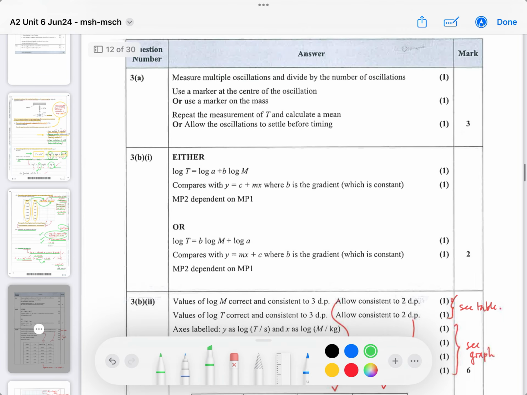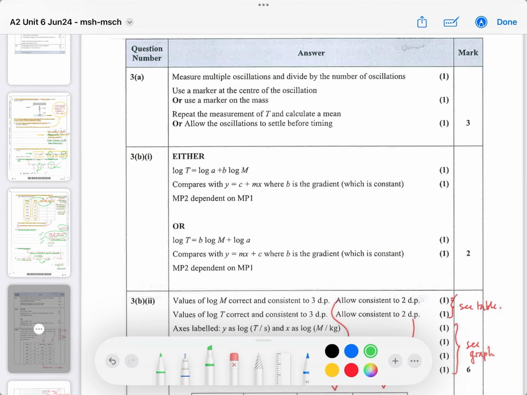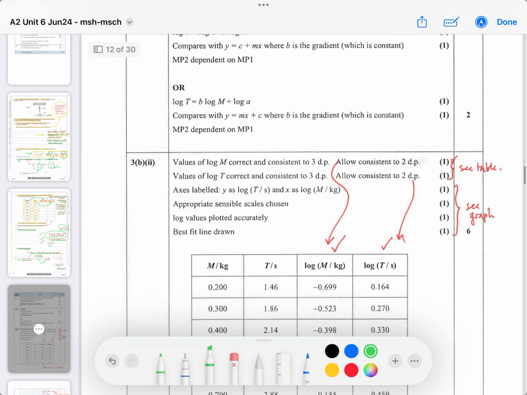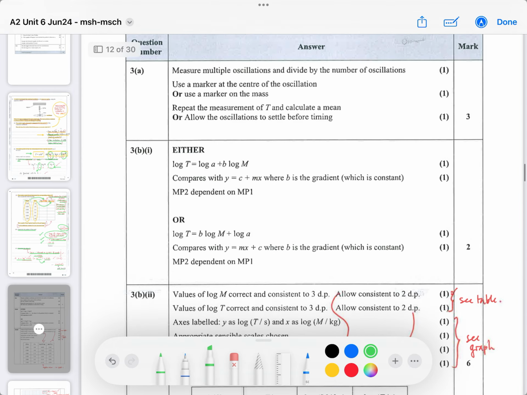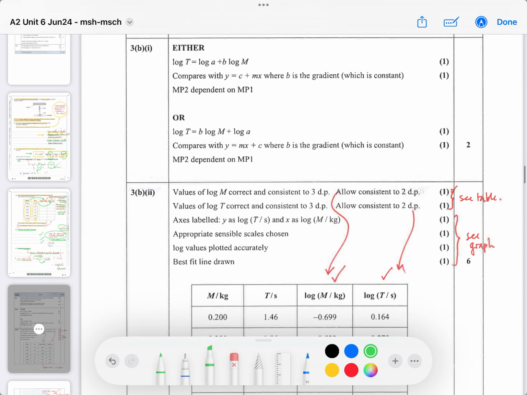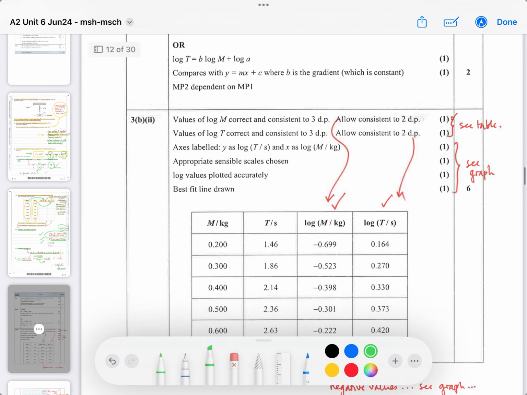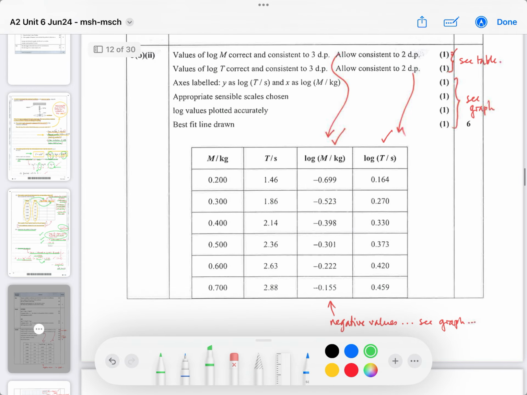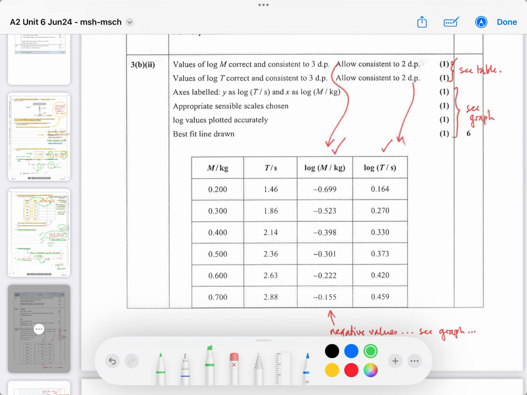So here's the mark scheme for the parts that we've already done. So part A, part B, and part B2, we haven't looked at the final part. So you see when they've done it, you see that what I'm talking about, the log must be with M and kilograms in brackets, T, capital, and S. And you'll see all the values are negative here. All the values here are negative.